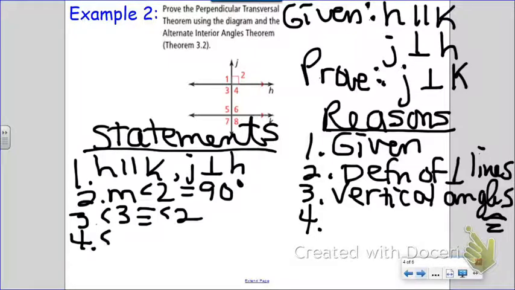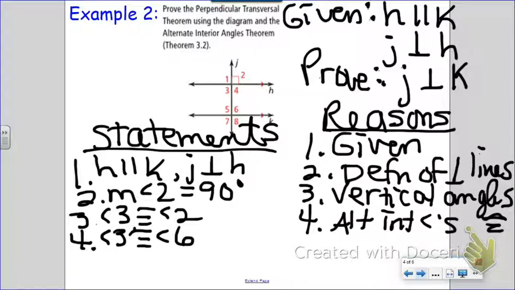They want us to use alternate interior angles. So we're going to put angle 3 is congruent to angle 6. And that's the alternate interior angles theorem, or you could just say alternate interior angles congruent. I'm going to abbreviate.